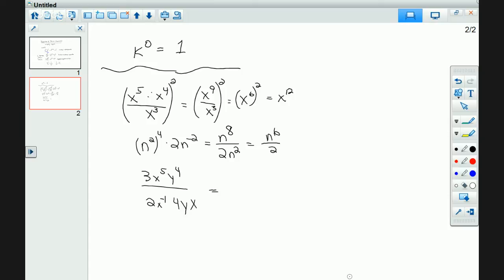The bottom's kind of ugly, right? But this one is actually kind of nice because I have 2 multiplied here. So what do I do with the exponents? So -1 plus 1 is 0. So the x's on the bottom actually disappear.